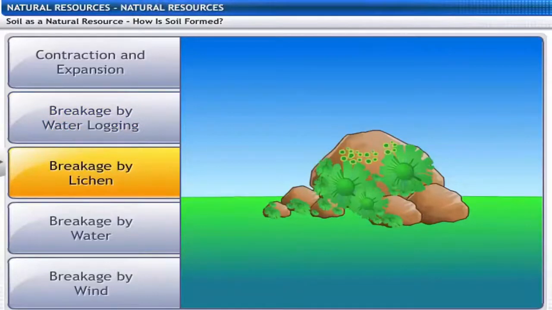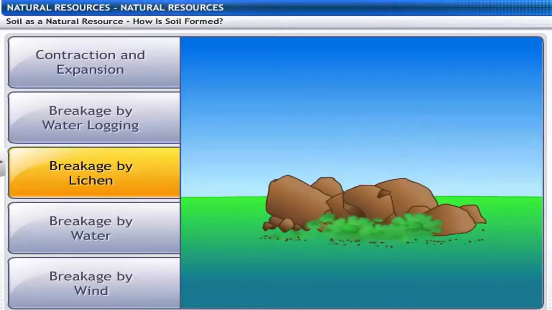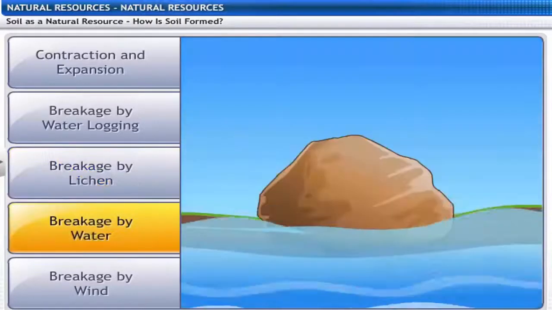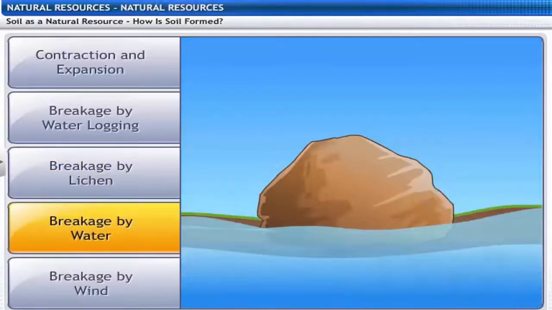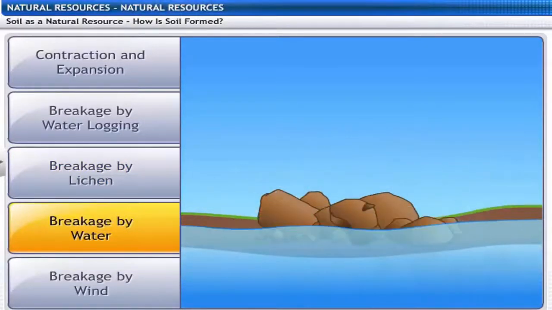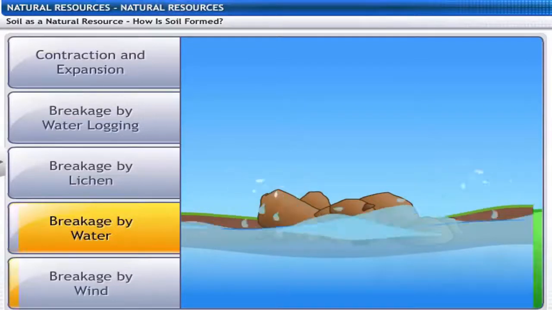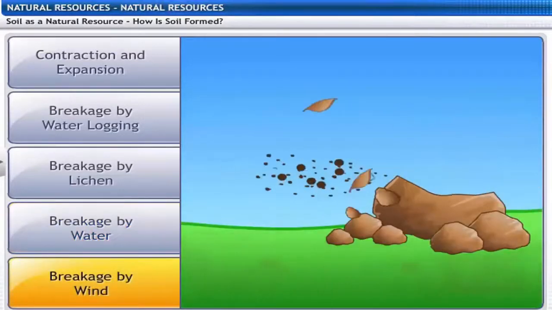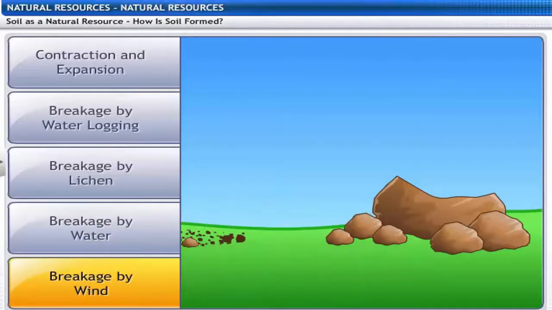Living organisms like lichens grow on the surface of rocks and release chemicals that powder rocks to soil. The flowing water in rivers breaks the hard rock and forms soil particles. Strong winds erode rocks and carry sand from one place to another.